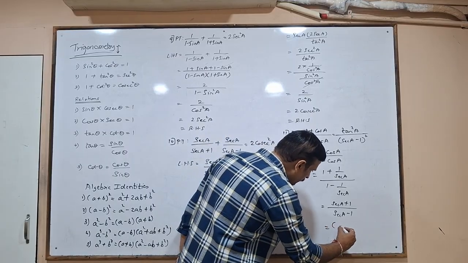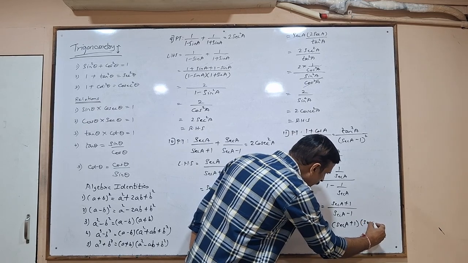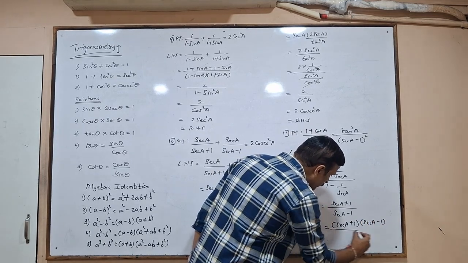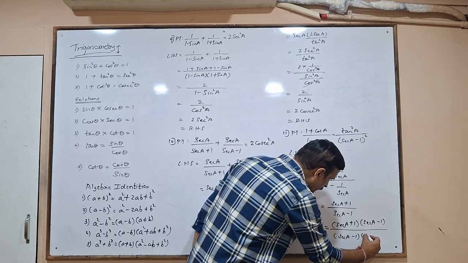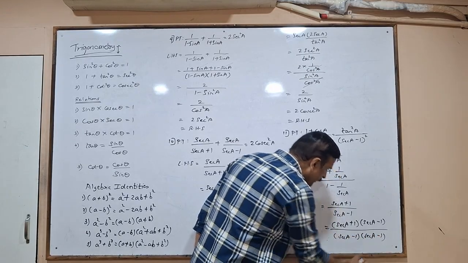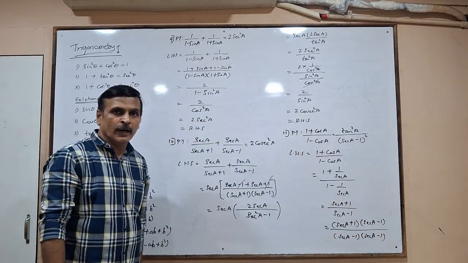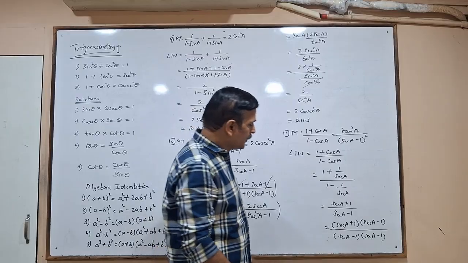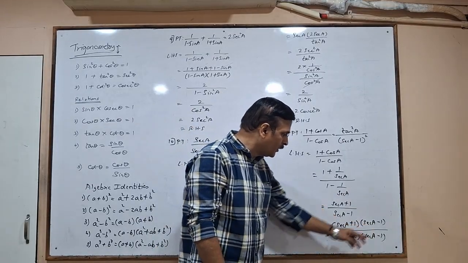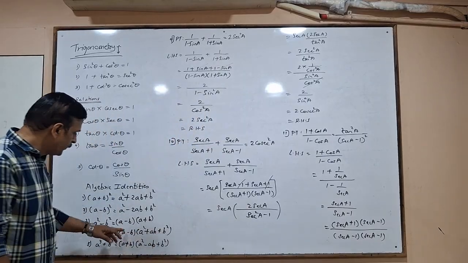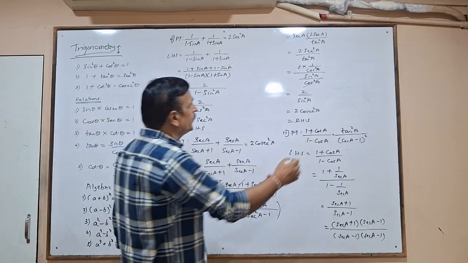So now the result will be sec A plus 1 into sec A minus 1 upon sec A minus 1 into sec A minus 1. So I multiplied numerator and denominator both by sec A minus 1. Now what I observe in the numerator, it is of the form A plus B into A minus B. What is A plus B into A minus B? It is A square minus B square.